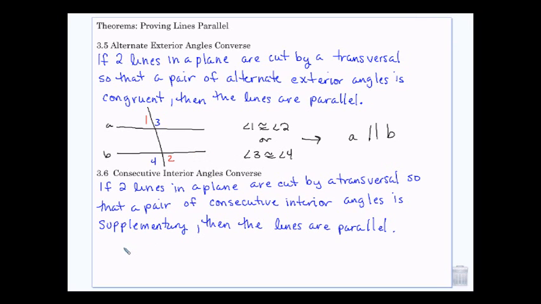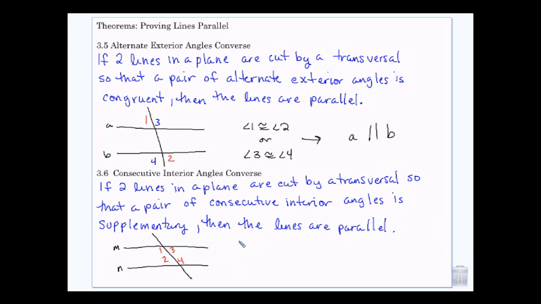We have two lines in a plane hanging out. I'm going to call them M and N this time. So M and N are hanging out, and then along comes transversal T. And we get consecutive interior angles. So we're going to be talking about angles 1 and 2 or 3 and 4.